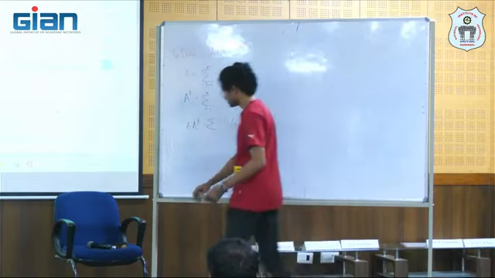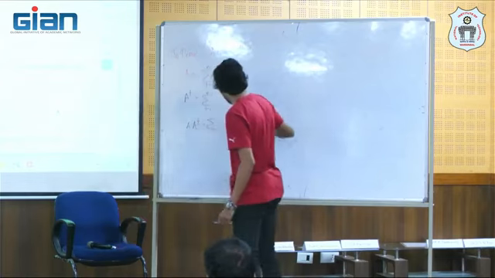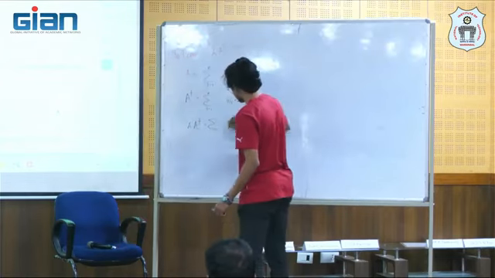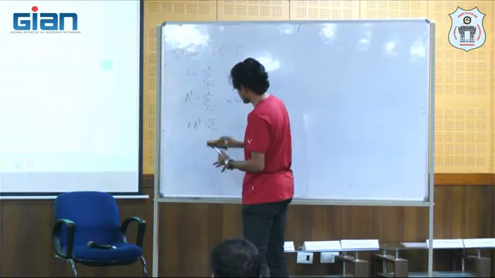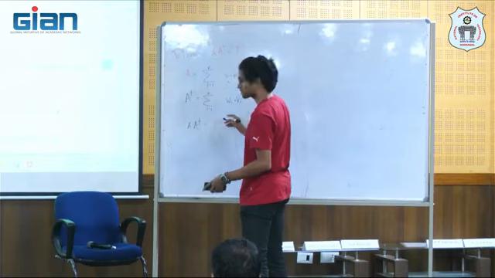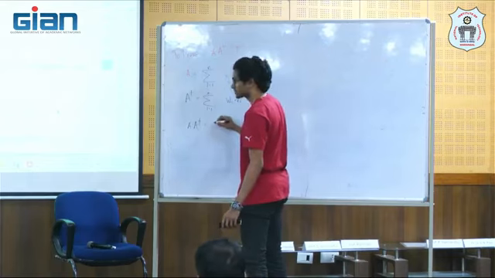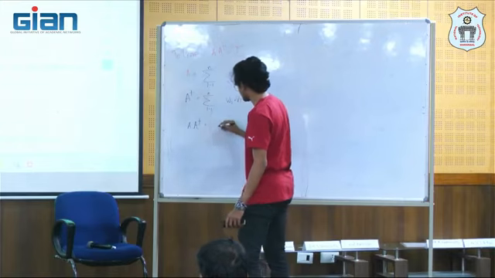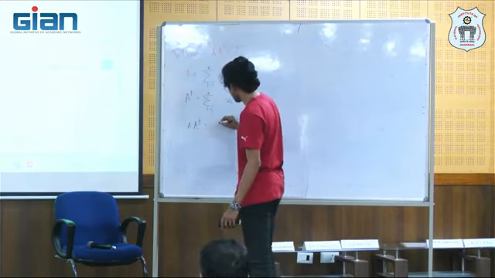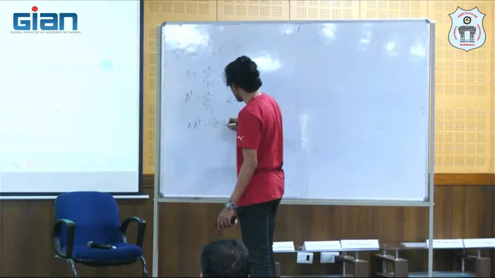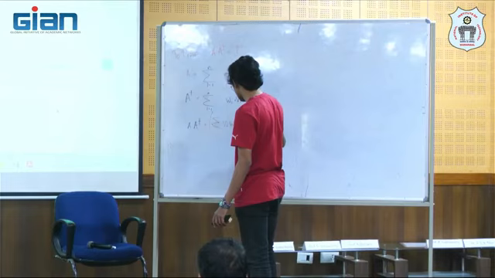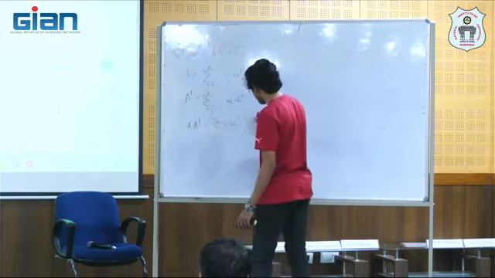Erase the sigma. Open the bracket. Now write A there. Summation. Close the bracket. Then open the bracket. Summation.